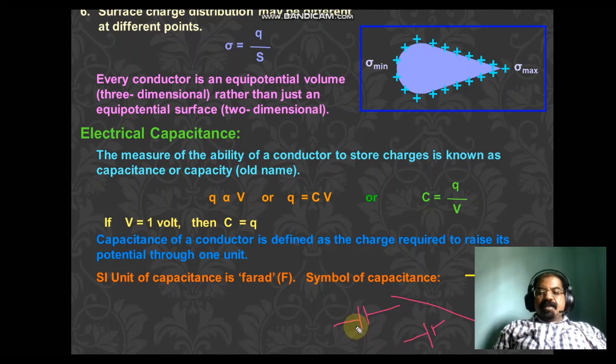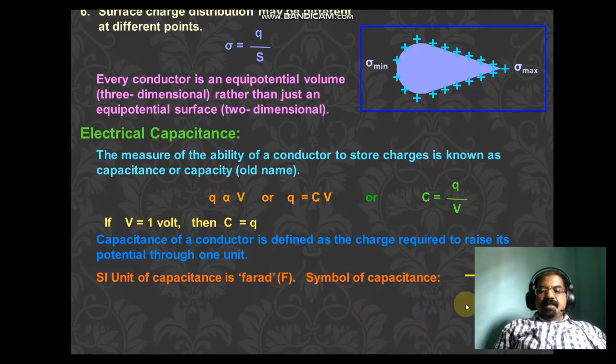If I draw a line like this and put one arrow here like this, then this is the symbol of a variable capacitance, meaning we can change the magnitude of it, otherwise it becomes a constant capacitor, right?